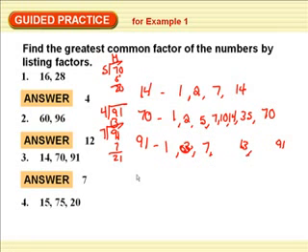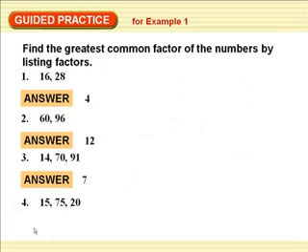Okay, again, and it's kind of a pain, isn't it, writing out these here. Let me get the eraser. Let me go here, erase all this. 15, 75, and 20.